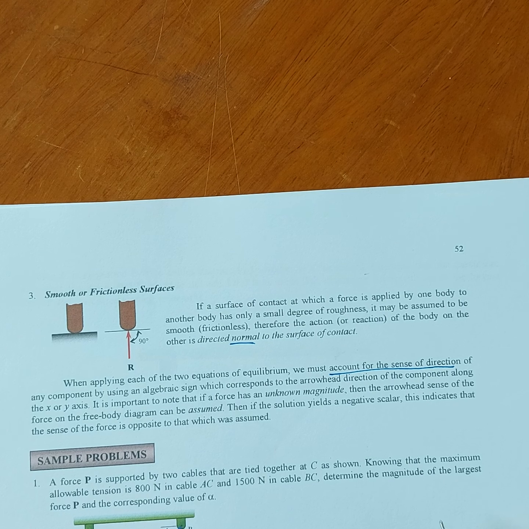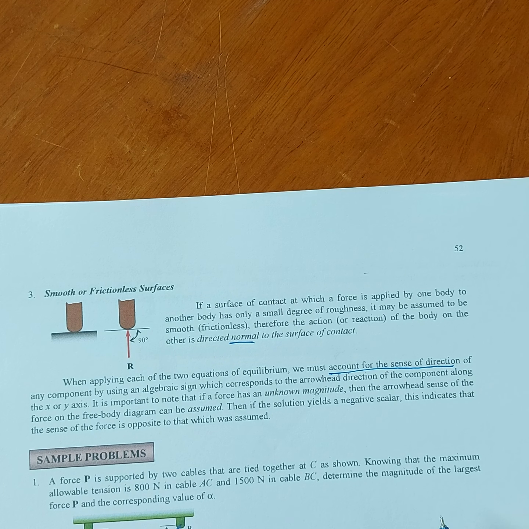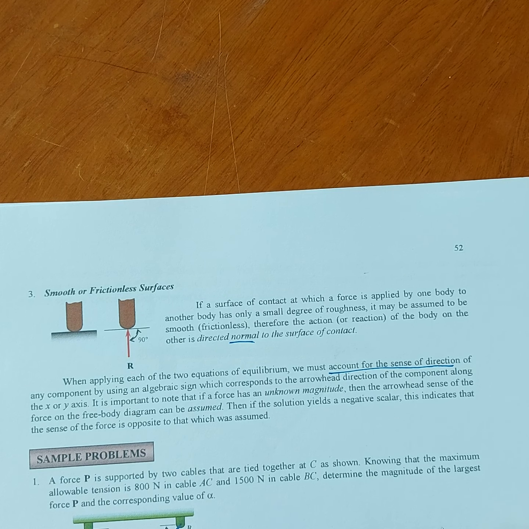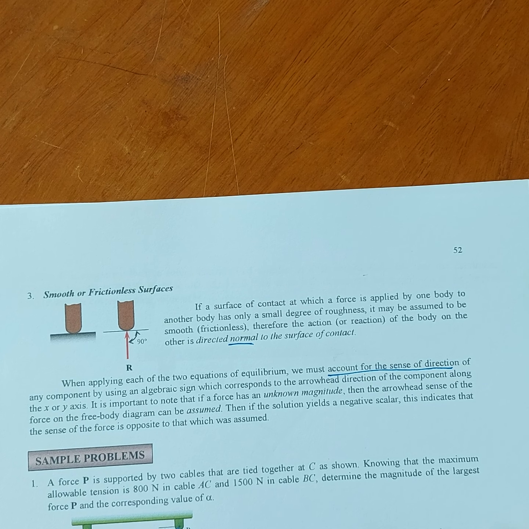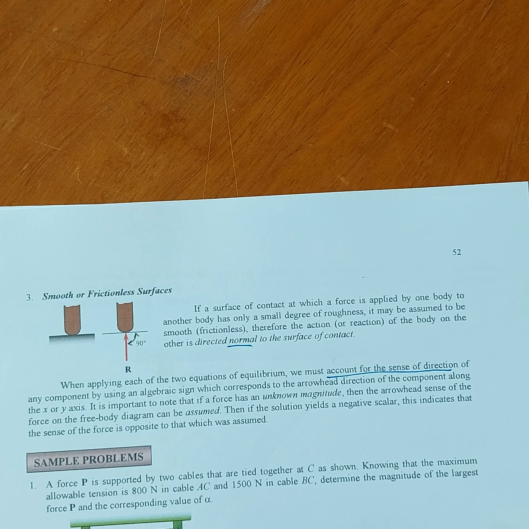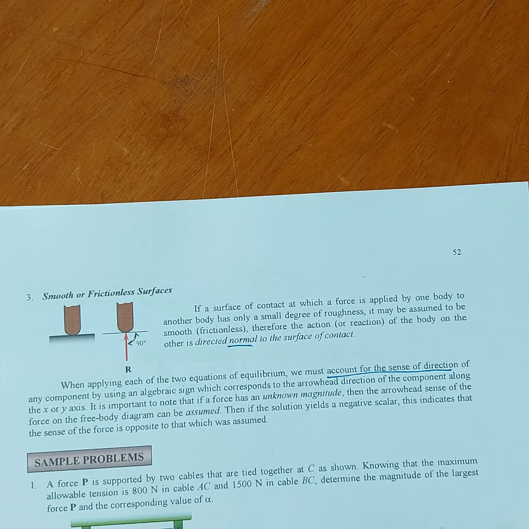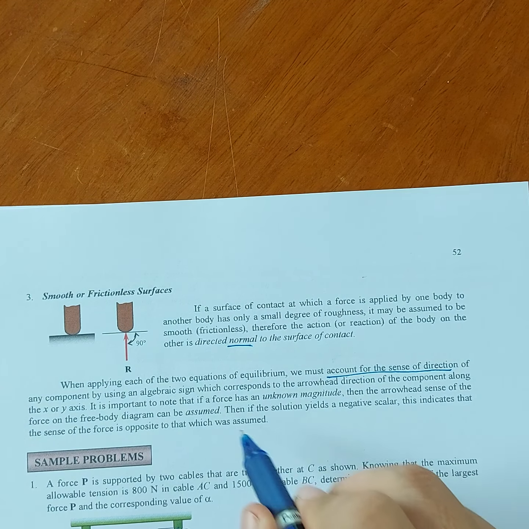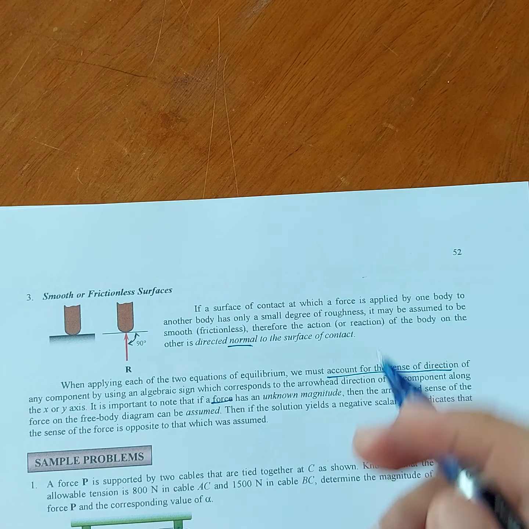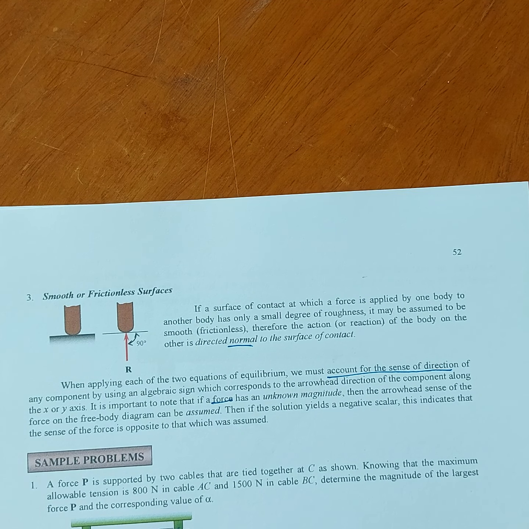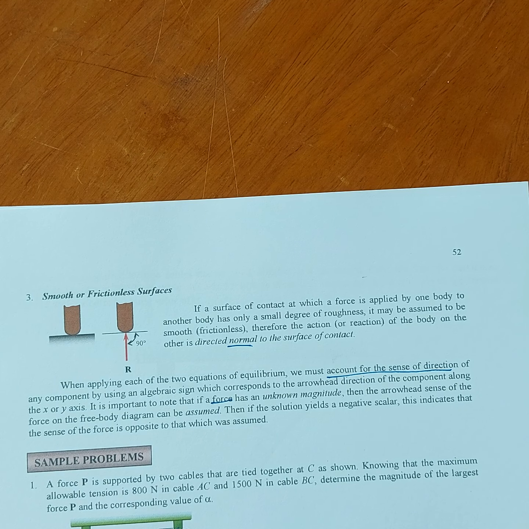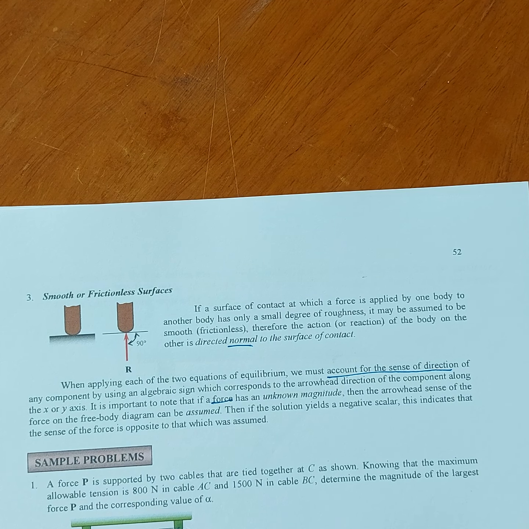It is important to note that if a force has an unknown magnitude, then the arrowhead sense of the force on the free body diagram can be assumed. So if we do not know the direction of the force we are looking for, we can assume the direction of that particular force.